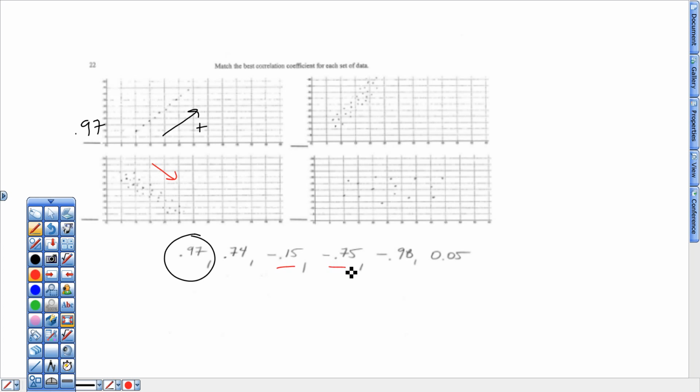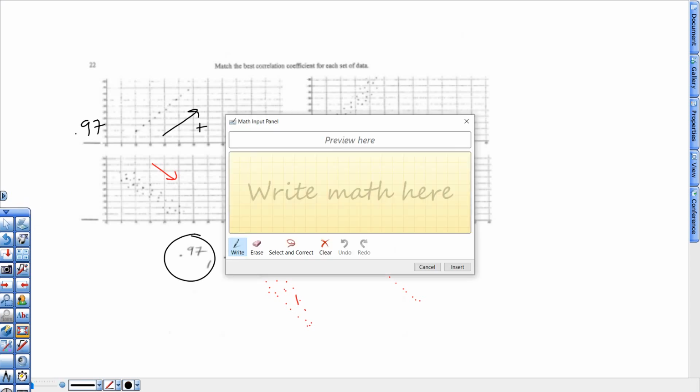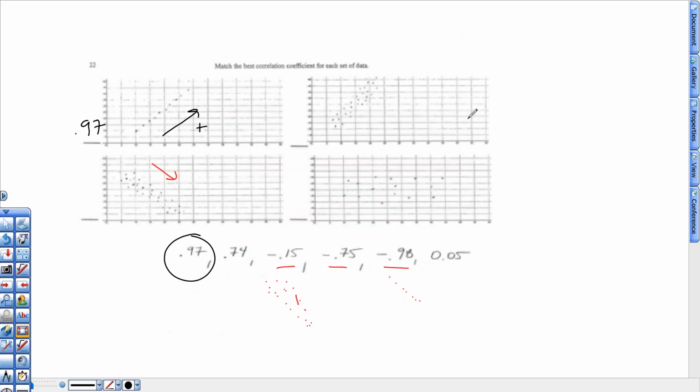And I can see those lines, they're not super tight. Negative 0.8 would be a straight line. Negative 0.15 would be pretty scattered going negative. So I'm going to use negative 0.75 on that one. So negative 0.75, I think matches that the best.